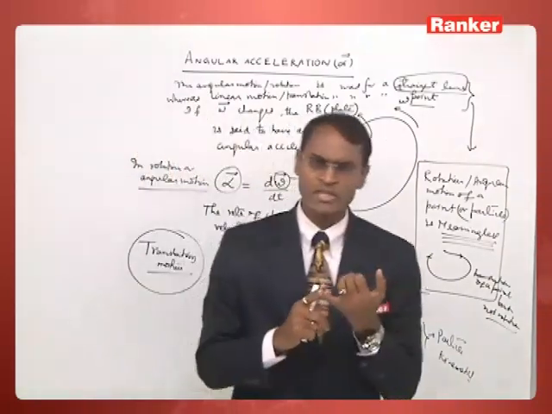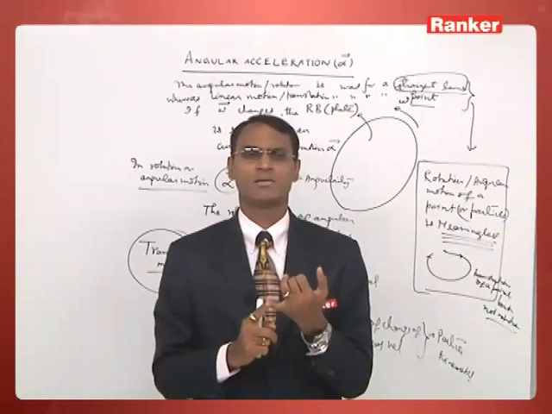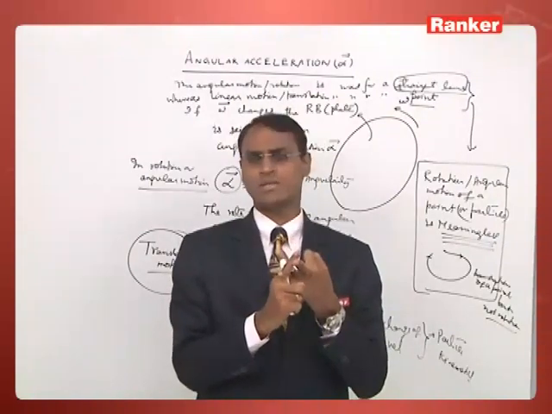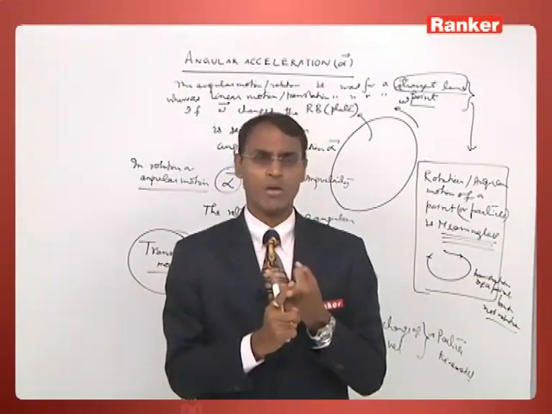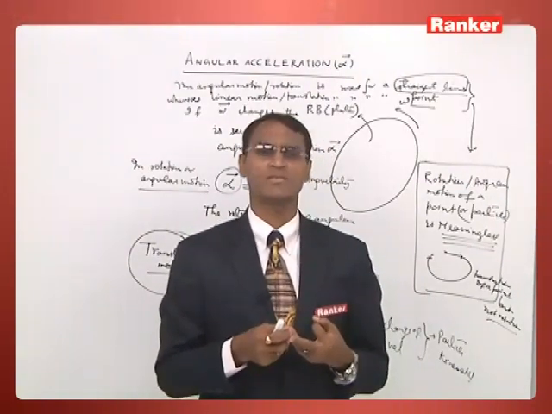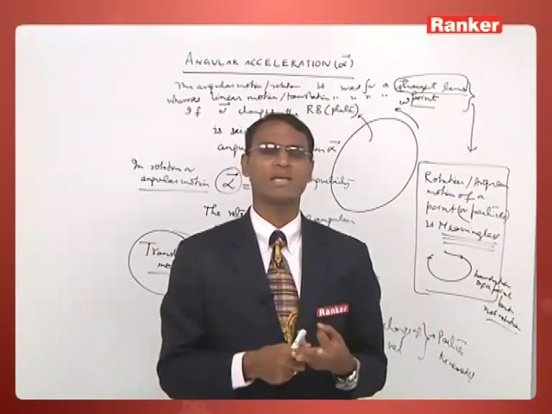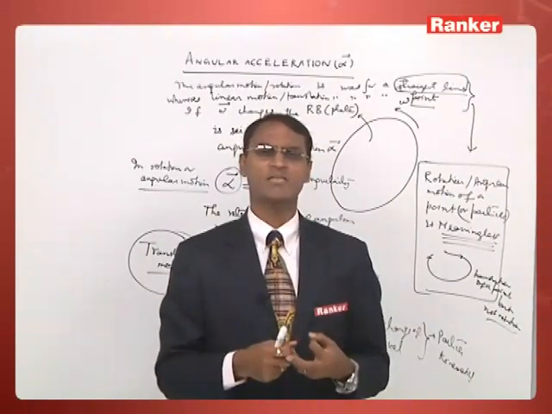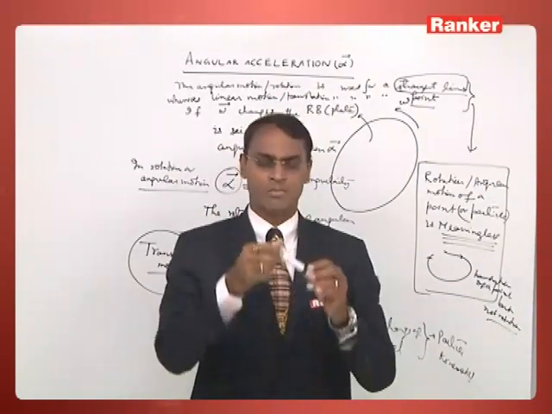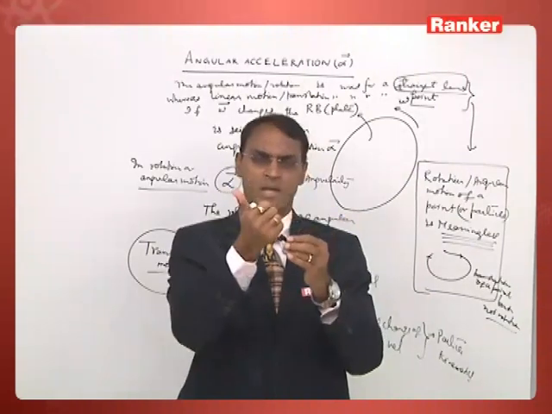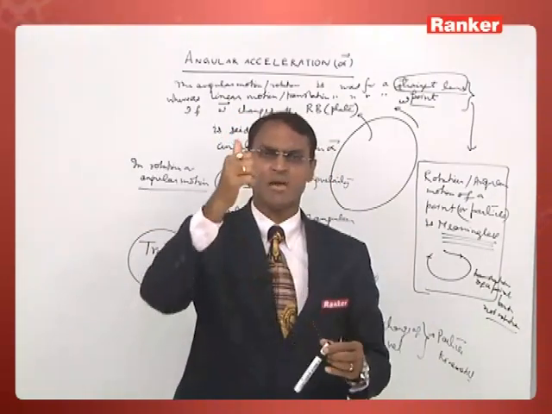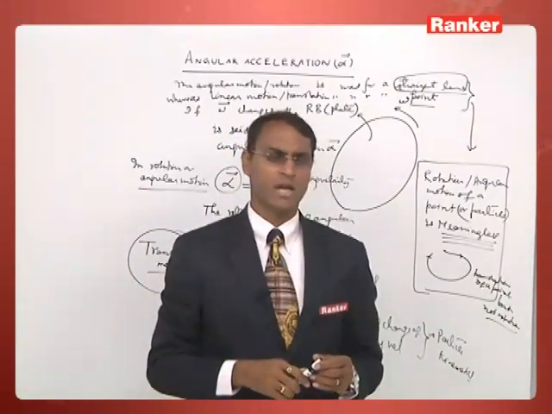When the magnitude portion of the angular velocity, that is the angular speed, or the direction portion of the angular velocity, that may be clockwise or anticlockwise or plus k cap or minus k cap, or plus i cap or minus i cap, or plus j cap or minus j cap, or a combination of all arbitrarily. When the body rotates, it has some angular velocity. When it rotates like this, it is angular velocity. It is governed by the right hand thumb rule, as I discussed in the last class.